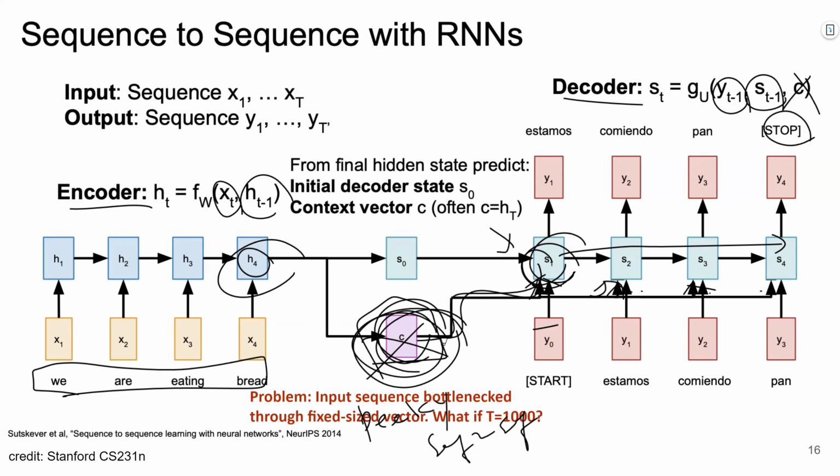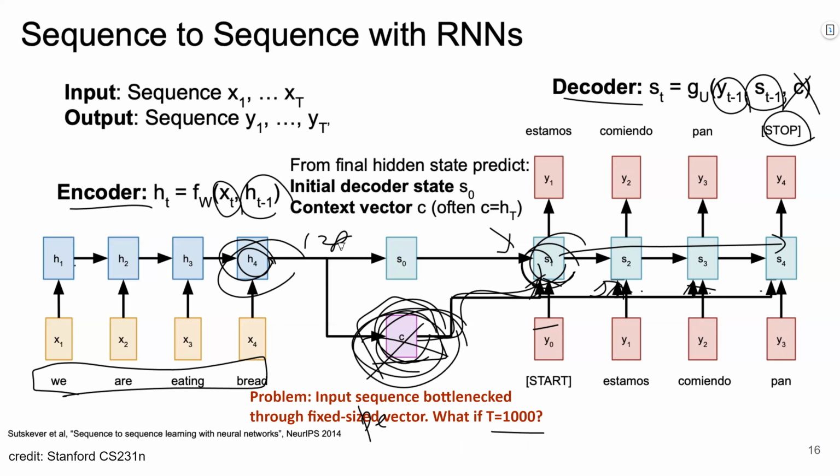And the problem is the input sequence is bottlenecked through a fixed size vector, because it has to memorize all the context of the encoder into this fixed size hidden state. And what if the time step is like 1000? And let's assume that our hidden state has the dimension of 128.